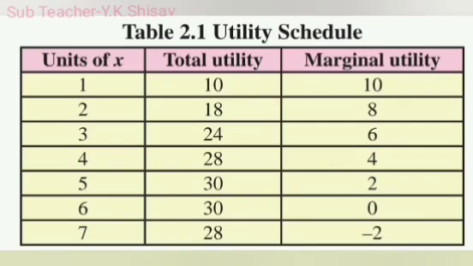First column, units of commodity X, is 1, 2, 3, 4, 5, 6, 7 and total utility is 10, 18, 24, 28, 30, 30, 28, and the marginal utility column is 10, 8, 6, 4, 2, 0, minus 2. This table explains the relationship between total utility and marginal utility.